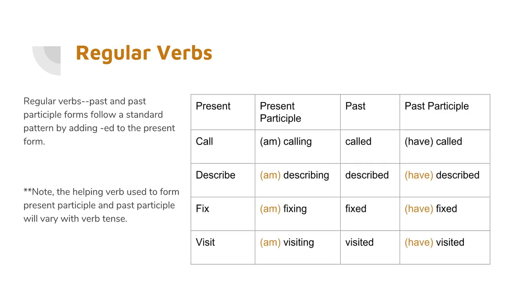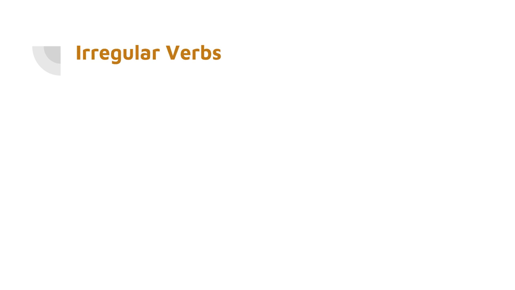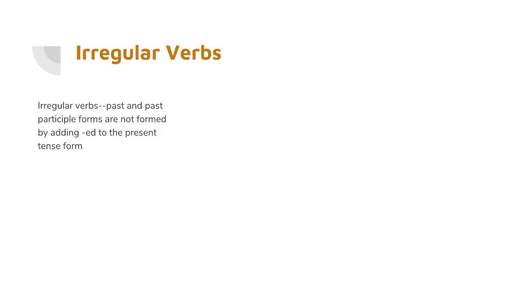We've got some verbs down one side in the present form, which is pretty much our base form. And then we can see how they change with these other verb parts. Call becomes the present participle when we add am and ing, am calling. Past becomes called, and then it turns to the past participle by adding have, have called. And we see the same thing with our irregular verbs, which simply do not get ed when they turn past tense.